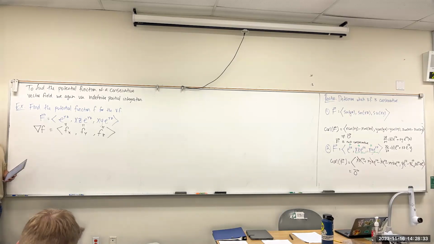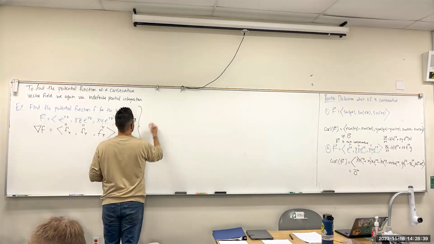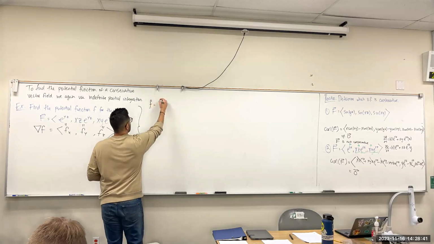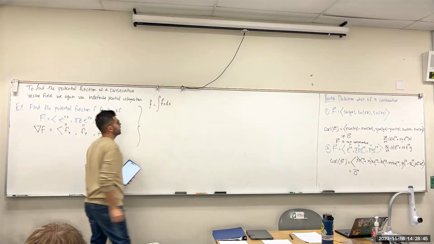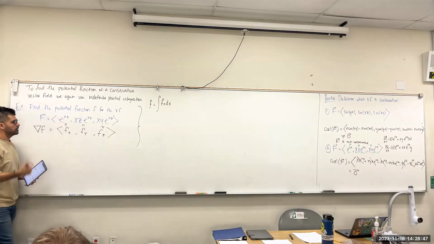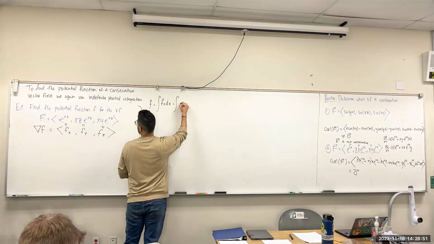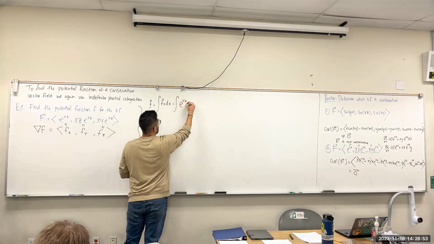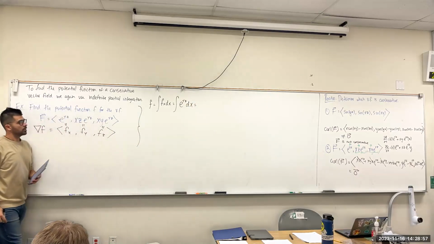So we're going to do the same trick that we did last time. Find f. We're going to undo the partial with respect to x by integrating that partial of x off. So that means we're going to integrate e to the yz with respect to x. What is that going to give us?